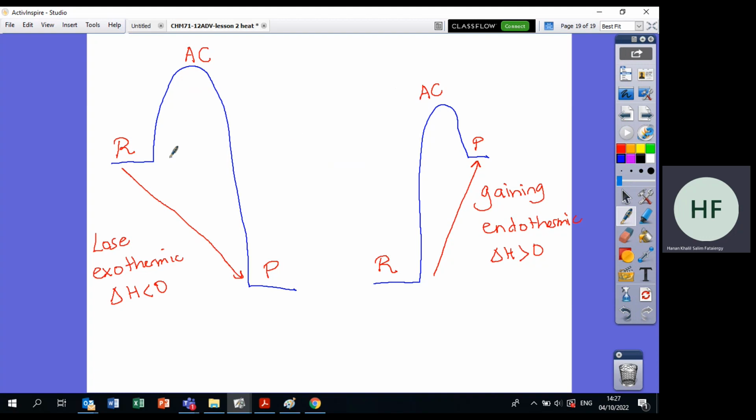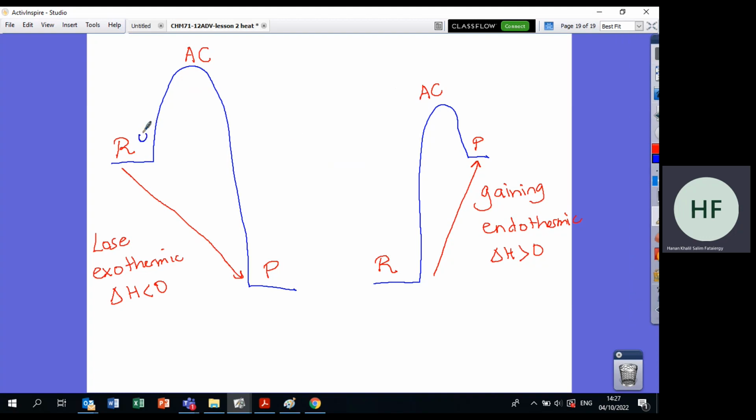Now the distance from here to here, it's as if you are here and your house is here. This distance is called AE. Now what is AE? AE is activation energy. AC is activated complex.